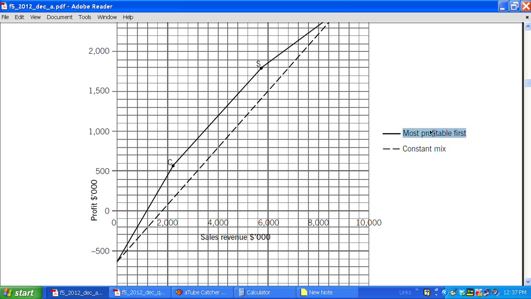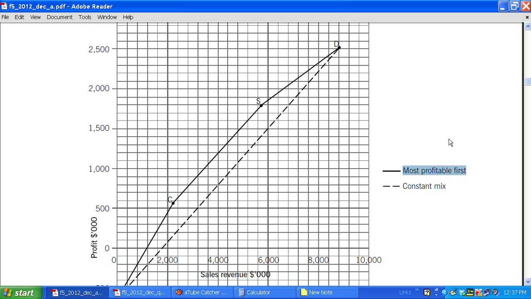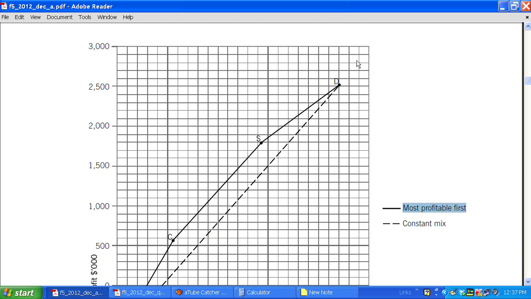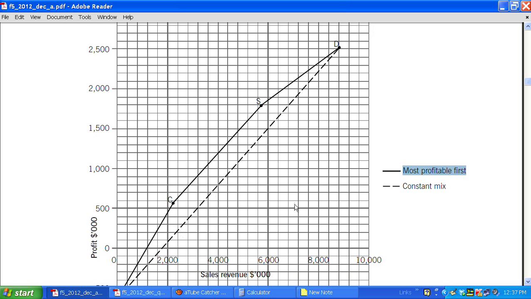You can see from the scale here, this is plotting the most profitable first. If you join the extreme ends, this point here and this point here, this dotted line is what they call the constant mix.